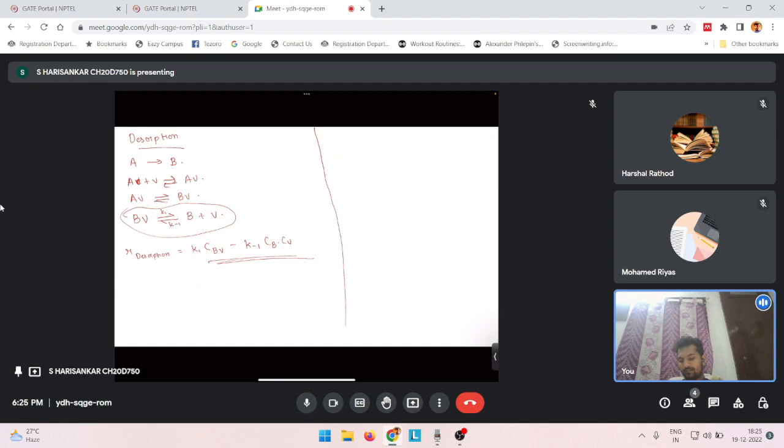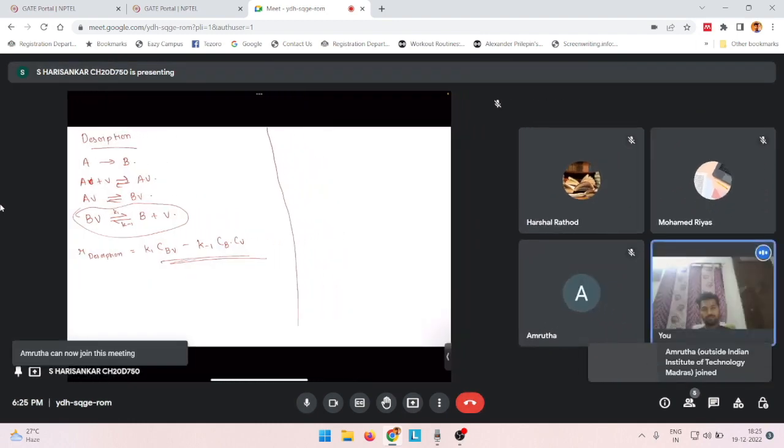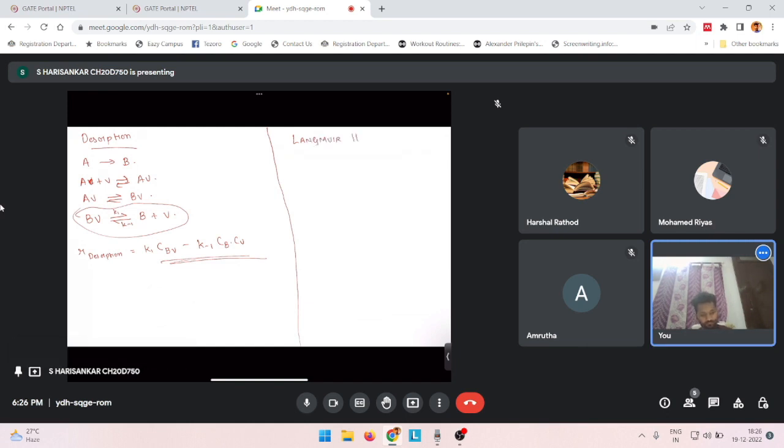Now there is something called the Langmuir-Hinshelwood approach. So that is what you will be doing with all these reactions that you just conjured up. If you are given a system, let's say A giving B, you can write all these various steps.